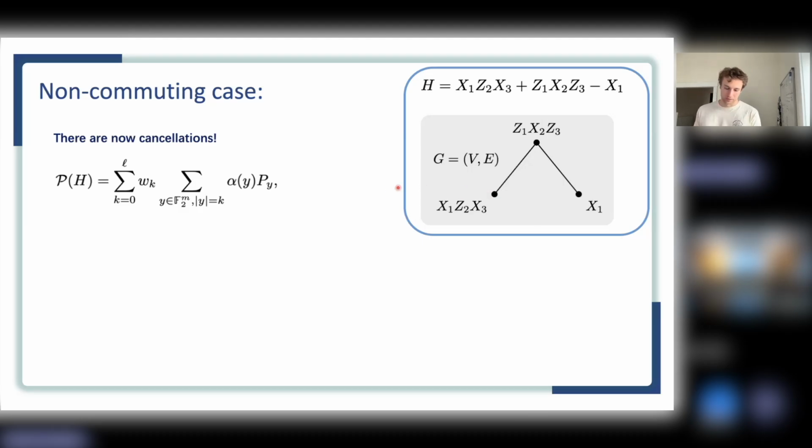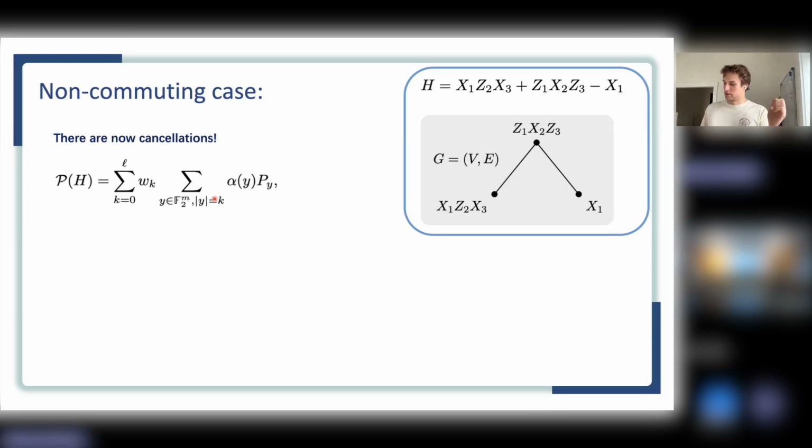So just to give the upshot in a short way, what happens now is that if you expand this polynomial of H, there will be many cancellations. For any given set of k Paulis, you can reorder them in k factorial many ways, and you will always get either a plus or minus sign.